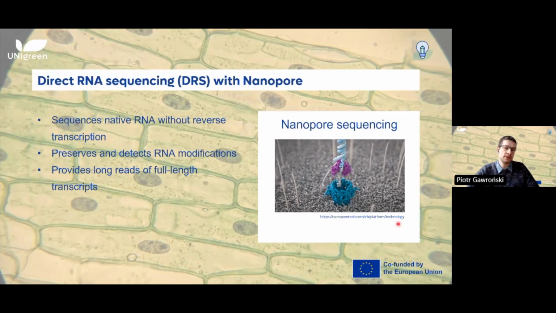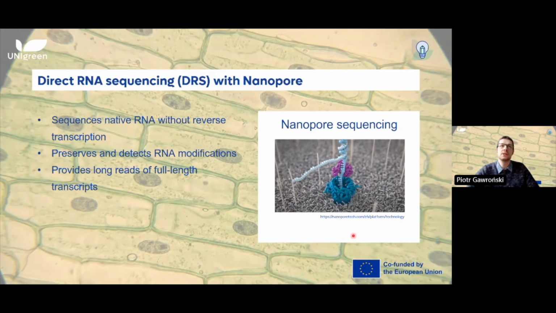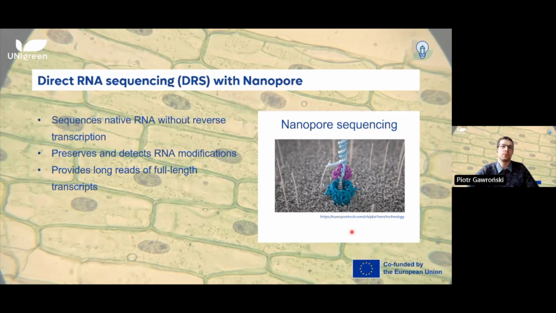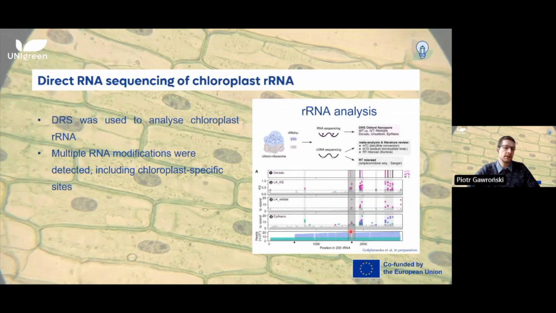Overall, I would like to say that this method, the direct RNA sequencing, opens new possibilities for studying RNA regulation directly. And in recent work, we are still working on the data and planning to submit the manuscript shortly.